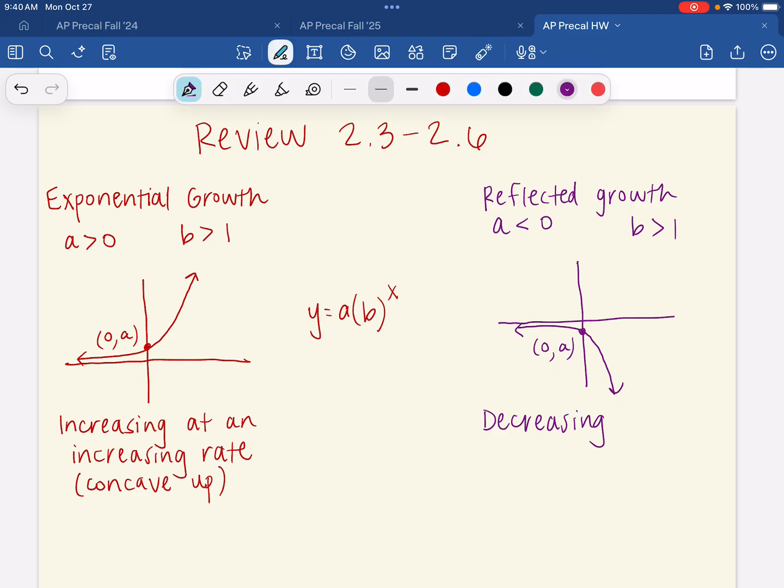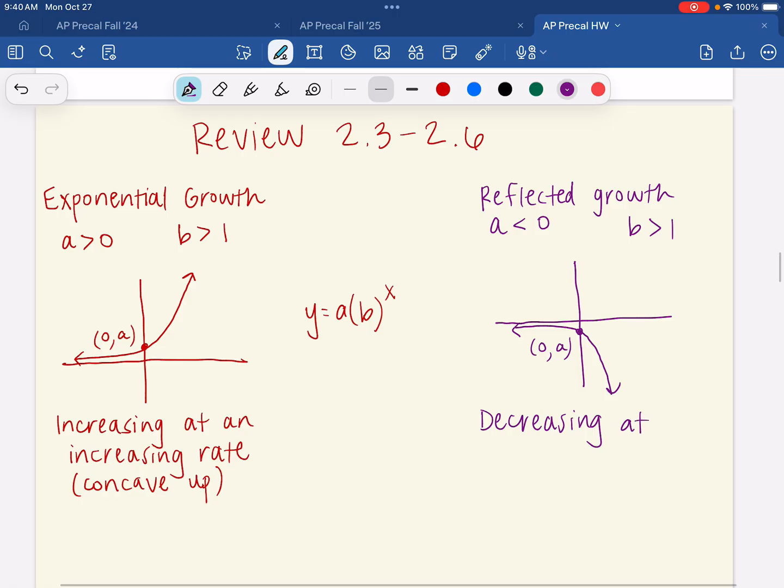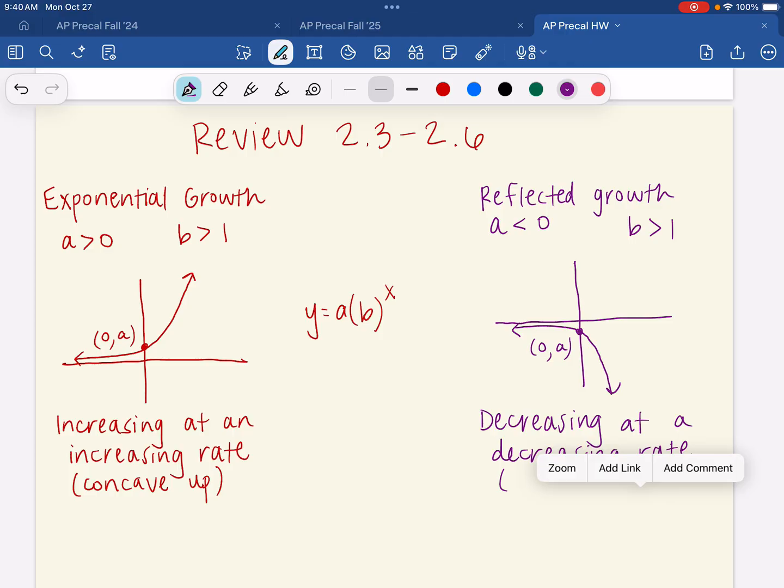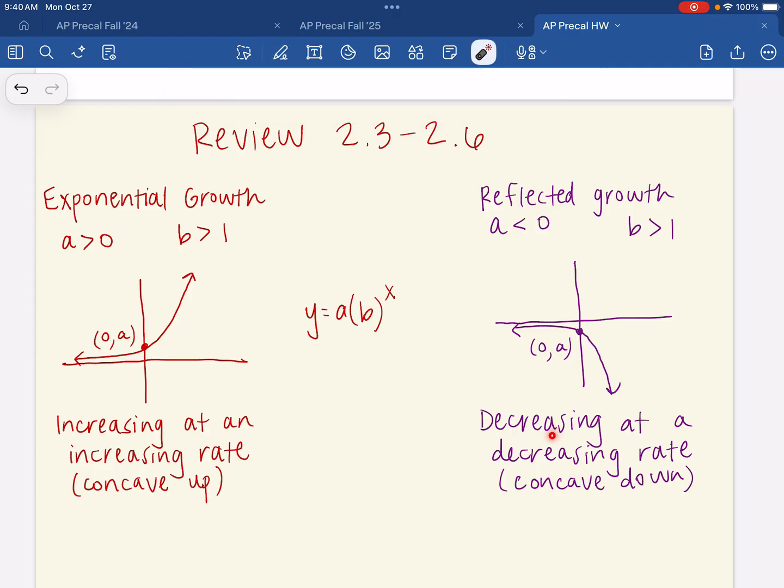The more negative, the smaller the rate of change. So this is decreasing at a decreasing rate, meaning the rates of change are getting more negative. I can see that this function is concave down. So I know that the rate of change is decreasing since the function is concave down.